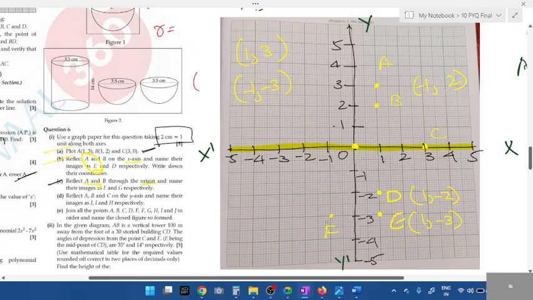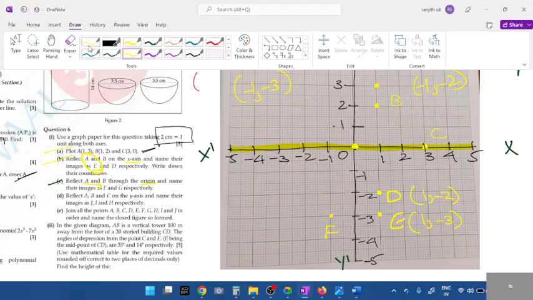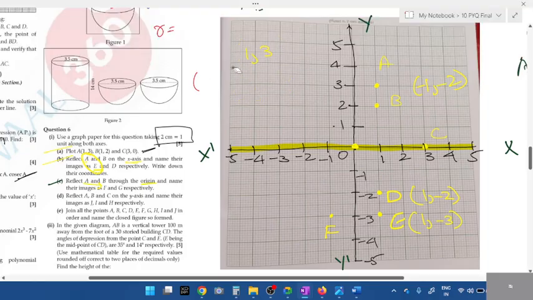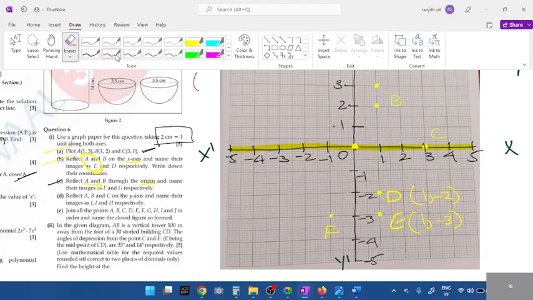Next, minus 1 comma minus 2. What is minus 1 comma minus 2? All of you will plot it. If anything reflects through origin, their entire sign will change.